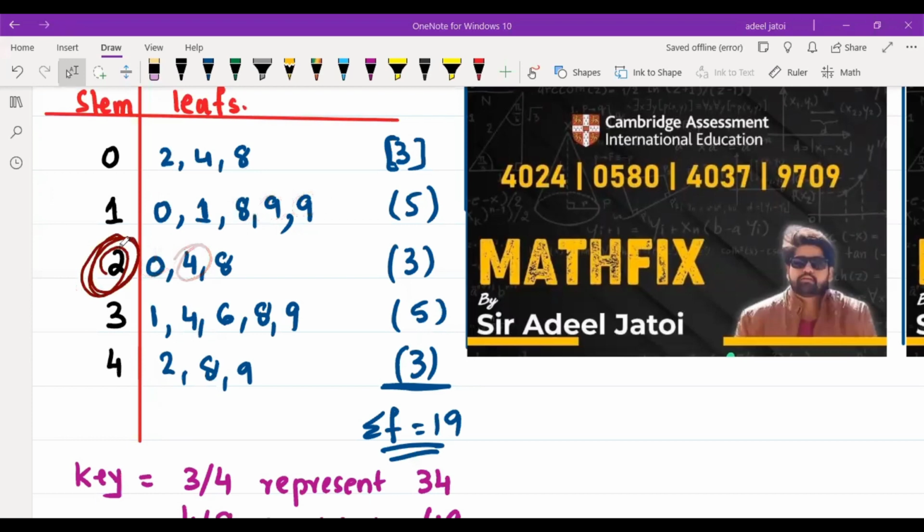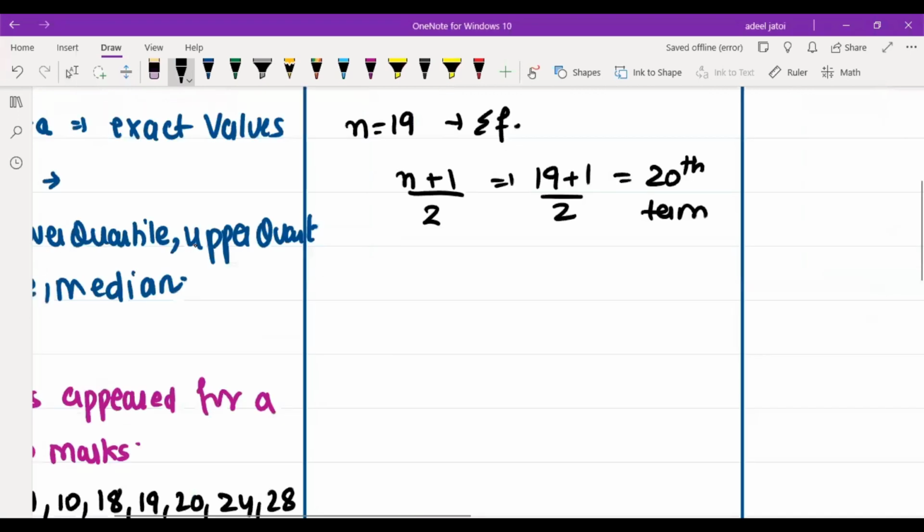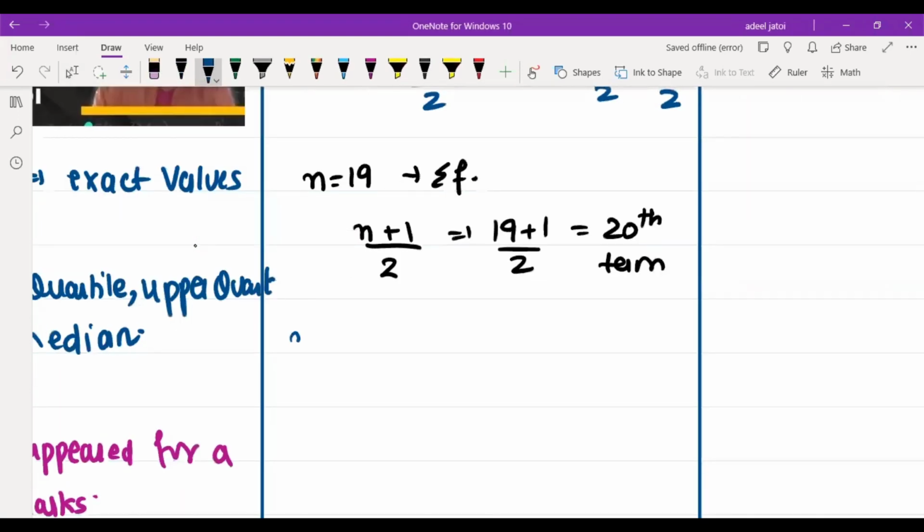That means for this question, your median is 24. And what is 24 representing? 24 is representing the marks. So in this question, when we write down the median, we'll write 24 marks, because median was basically the 10th term, not the 20th term. 20 divided by 2 becomes the 10th term.